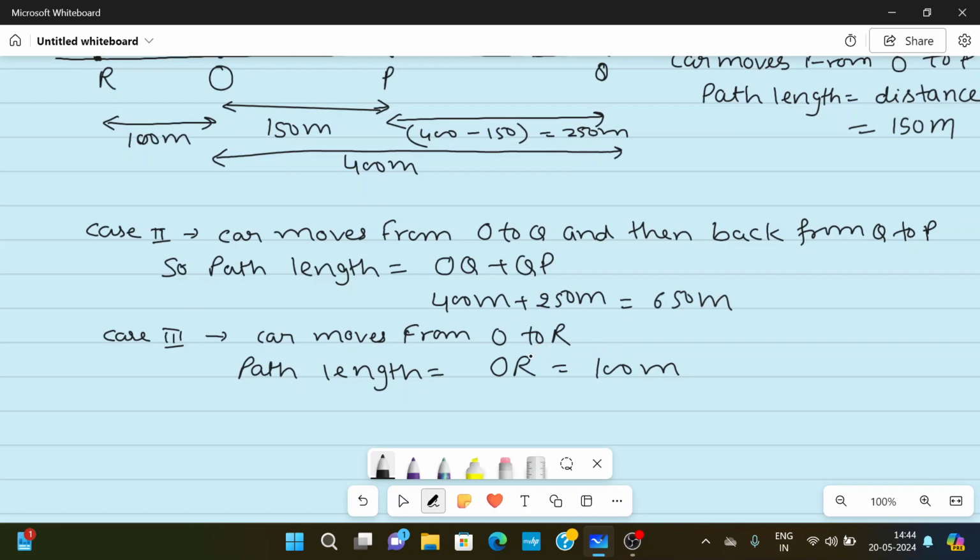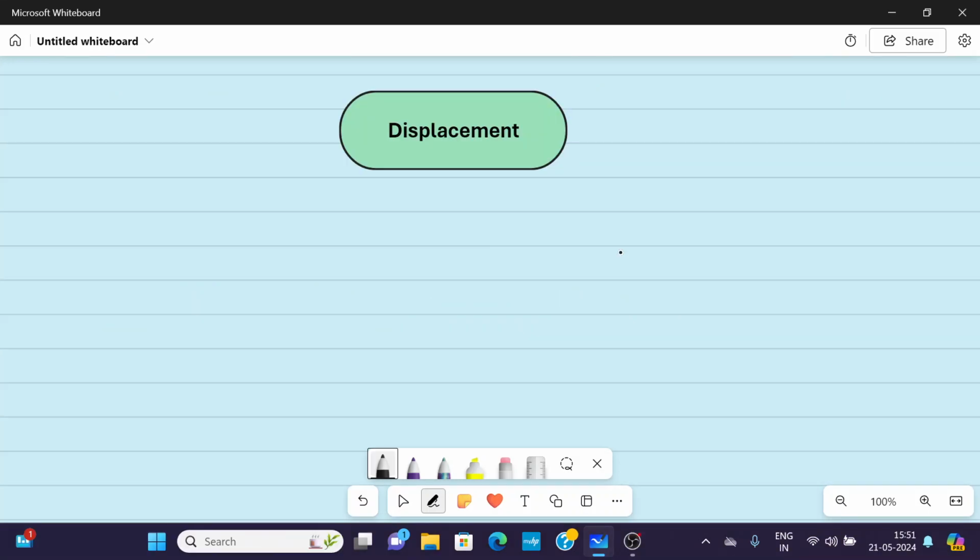Let's move to the next topic, that is displacement. So what is displacement? Displacement is defined as change in position. Consider x1 and x2 be the positions of an object at time t1 and t2.